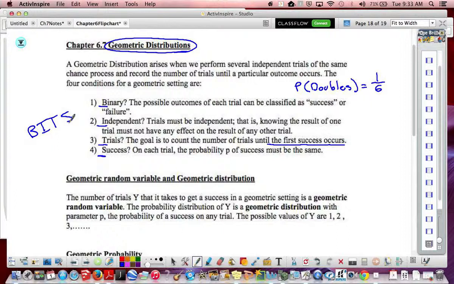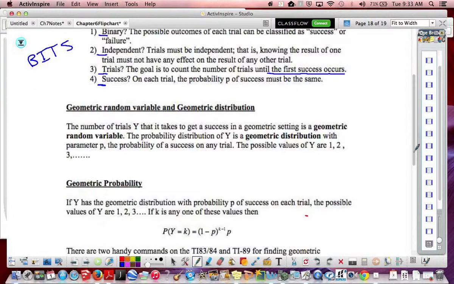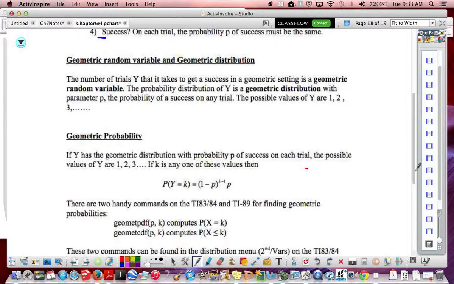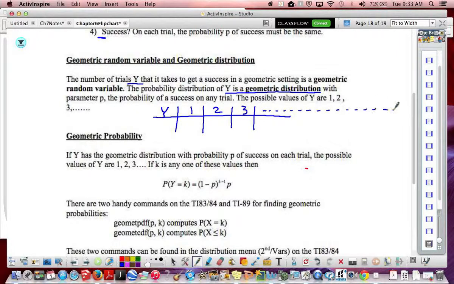So when we take a look at a geometric distribution, if we define the number of trials as y, unlike the binomial distribution, you're going to start not at 0, but at 1, and you're going to calculate on technically forever.